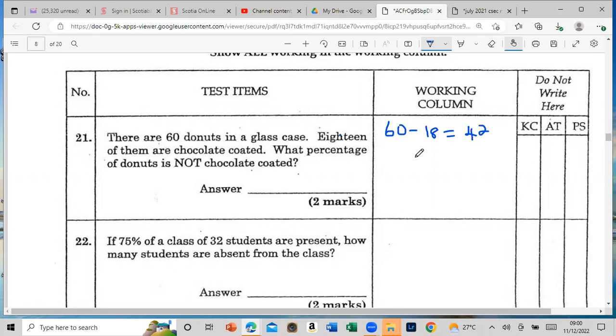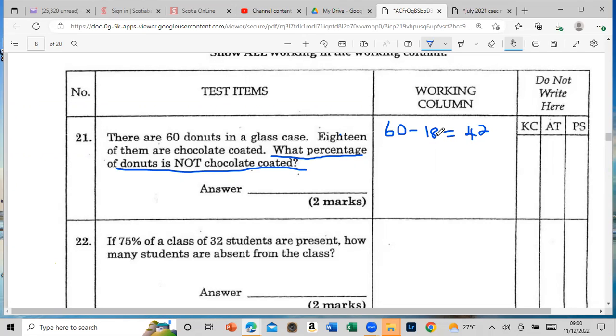But sometimes it can be a bit tricky because look what it says. The answer is supposed to be in percentage. So it says what percentage of donuts is not chocolate coated. So whatever you work out, your answer is supposed to be in percentage. Understand? All right, let's go.